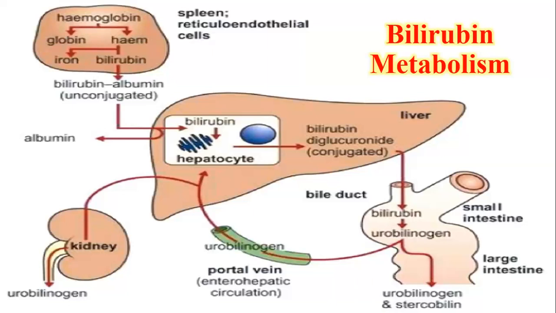A very, very little amount will be lost in the urine in the form of urobilinogen, and it is not responsible for the color of the urine. But of course, in a case of jaundice where there is excess bilirubin secreted in the urine, the urine color will be dark.